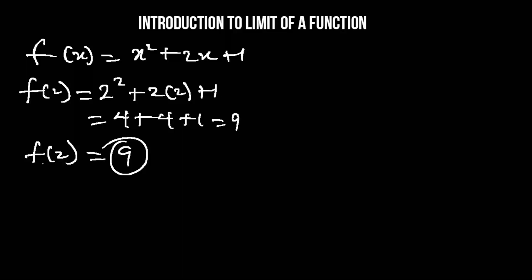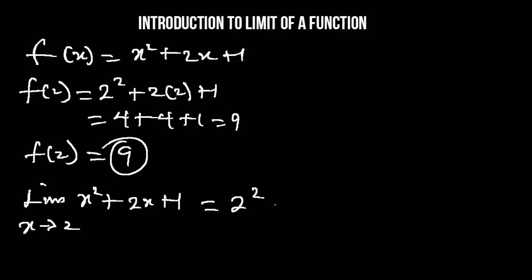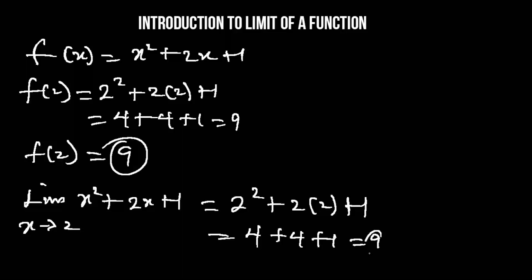The same thing is, if the question says find the limit of x squared plus 2x plus 1 as x tends to 2, all you do is say, okay, as x tends to 2, this becomes 2 squared plus 2 into 2 plus 1. And that will be 4 plus 4 plus 1. That will give us 9. Simple, right?